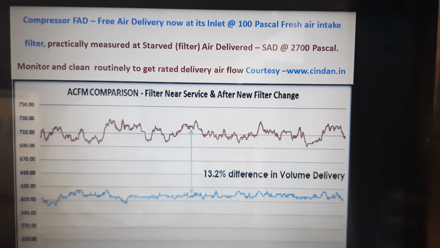If the same air intake filter got choked within 2 months, instead of the stipulated 3 months and above, let us say at 2700 Pascals, the flow dropped by 13%. This is what we have to keep in mind. Let us monitor the air intake delta P static in Pascal, either digitally or using an analog gauge, and routinely monitor and clean it, so that you get the rated delivery of compressed airflow.